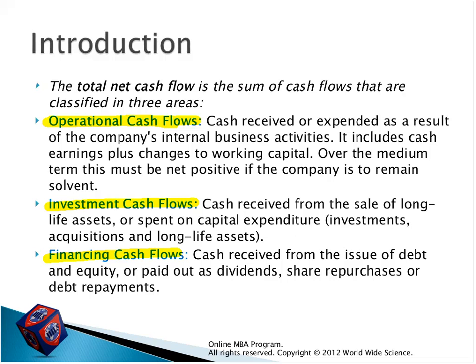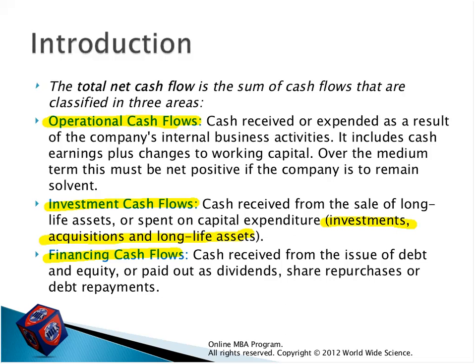The next one is the investment cash flows. The cash received from the sale of long life assets or spent on capital expenditure. This is all the cash which comes from some kind of project or investments, acquisitions or long life assets, which we call fixed assets.